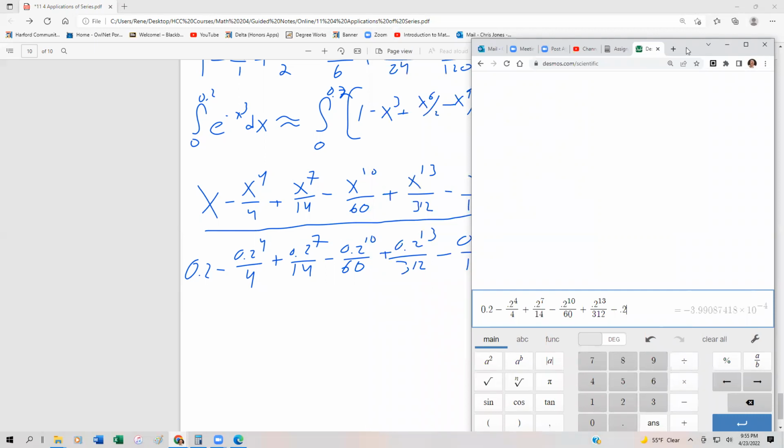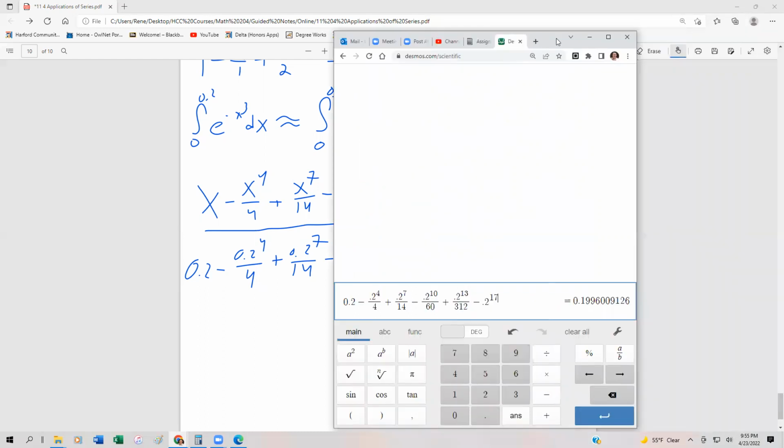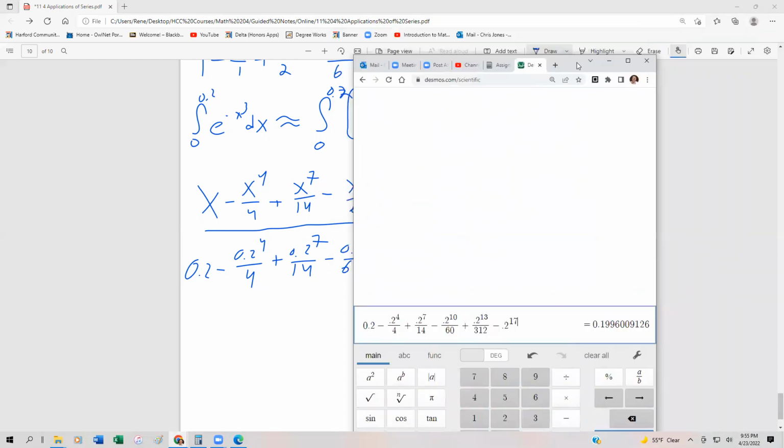And then minus 0.2 raised to the 16th divided by 1920. So this is the value that we get, 0.1996, etc. Assuming that I punched everything in correctly, which I do believe so.